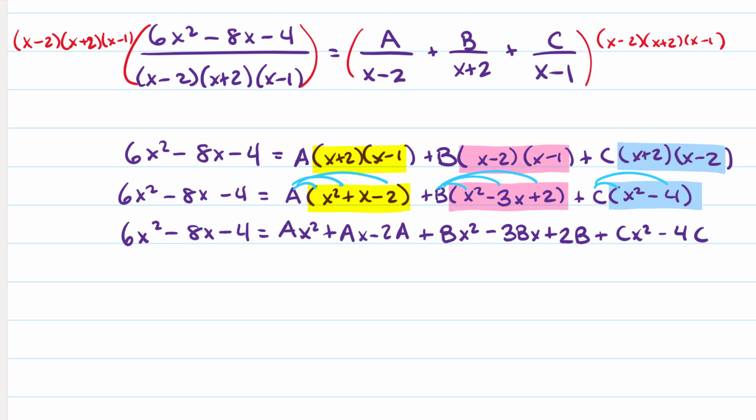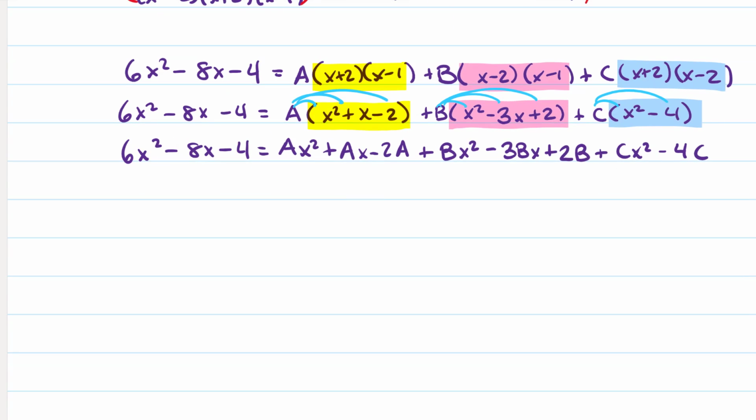Now we're going to set up our little equations to solve. The first one I look at is my x squared terms. On the left I have a 6, and on the right I'm going to have an Ax squared, a Bx squared, and a Cx squared. So I get A plus B plus C. Now we're going to look at our x terms.